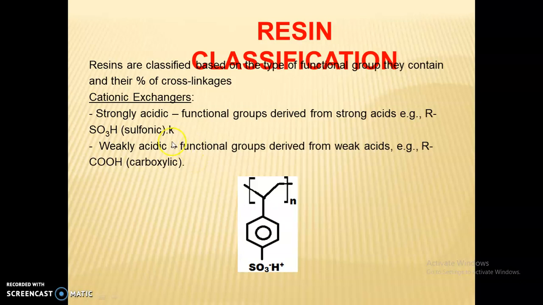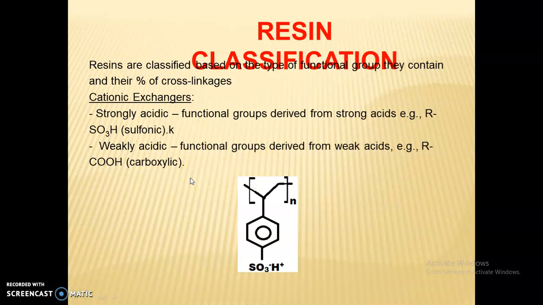They may be strongly acidic in nature, consisting of functional groups such as SO3H, sulfonic groups, etc. Or they may be weakly acidic in nature, in which functional groups such as carboxylic acid, COOH, are present.